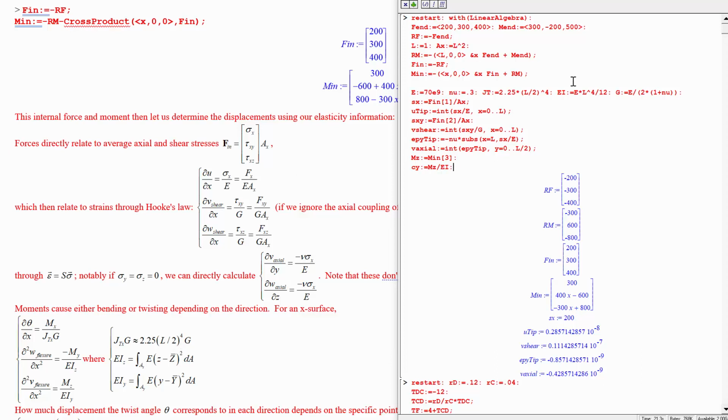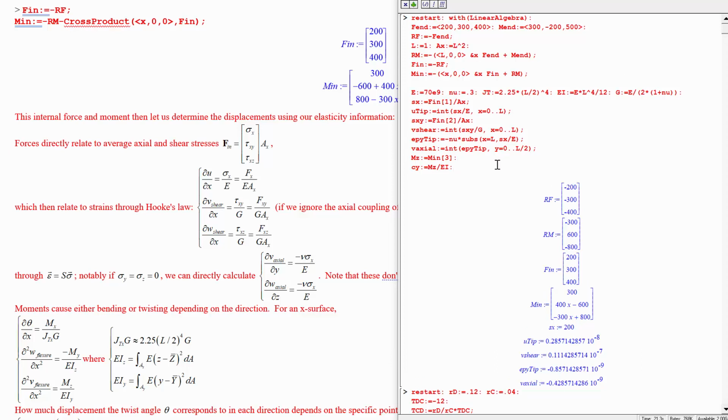EI fortunately doesn't depend on y or x this time because it's a square cross-section and constant E. So with that being the curvature, we can take the slope from flexure and find the flexure displacement by integrating twice, and we expect to add no constant to this because we have no slope and no displacement at the left end.